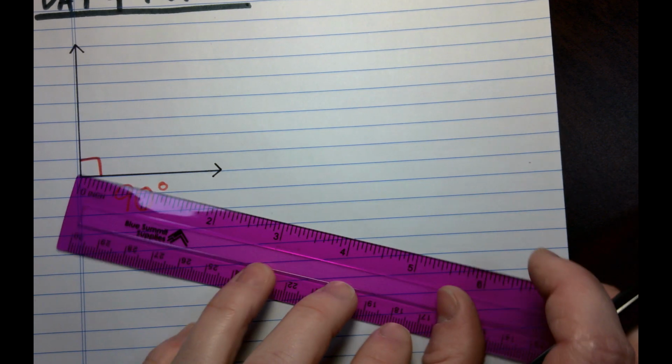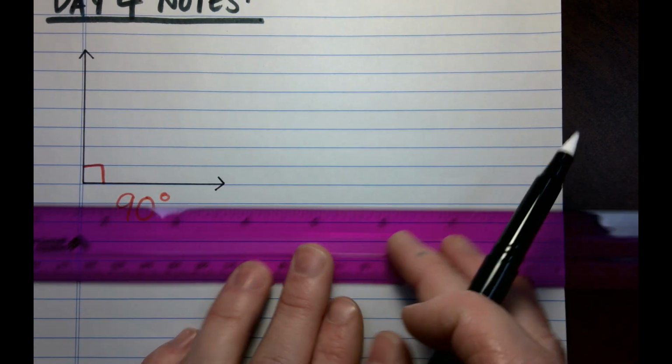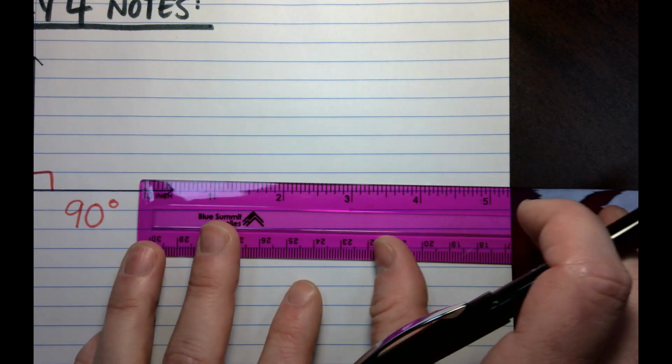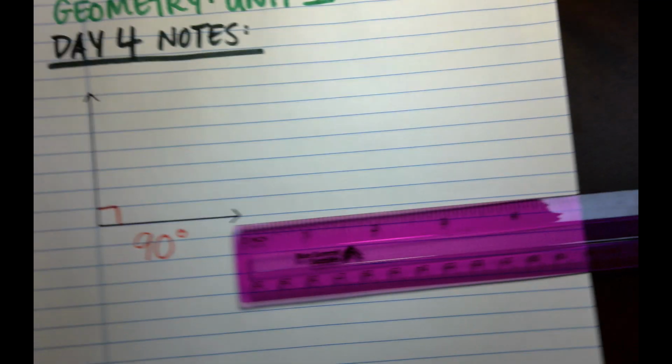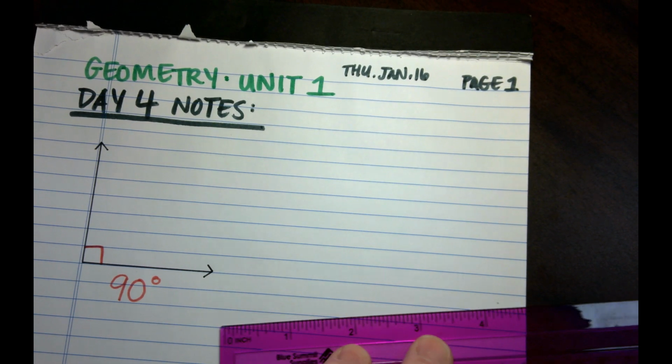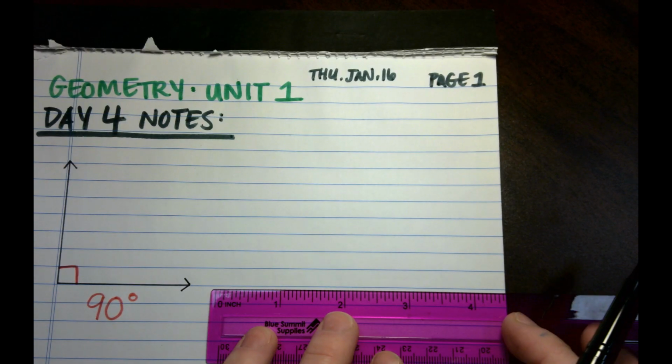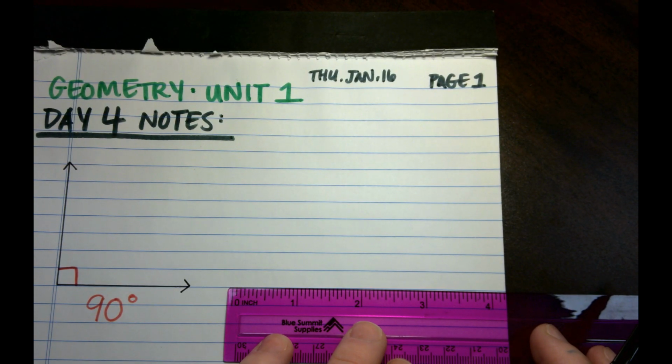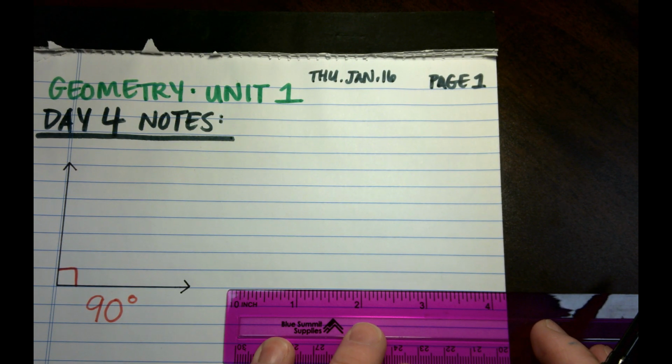Now, another angle we need to be able to identify. I'm going to draw it directly next to it. I'm going from centimeters to inches.